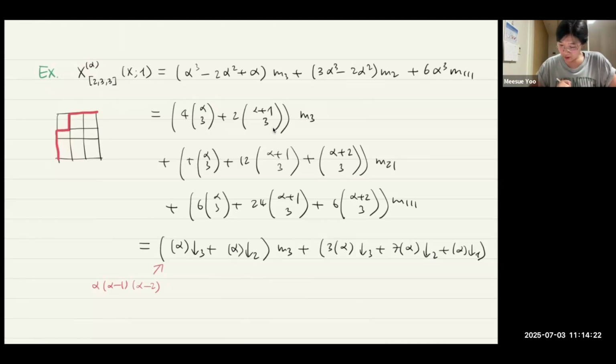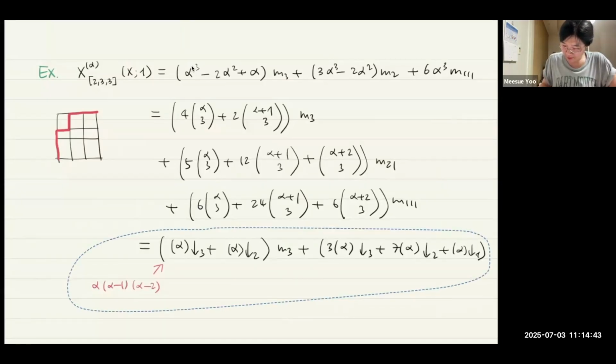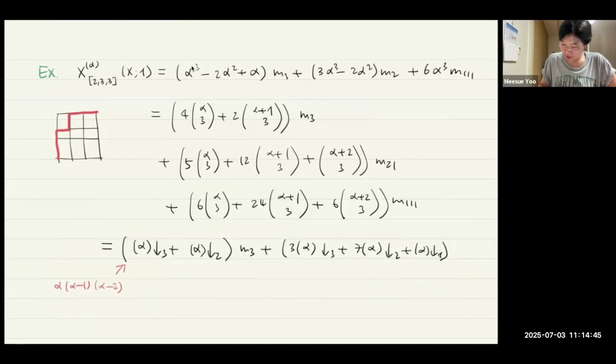Alpha choose 3. Oh, this is 5. I'm sorry. I just want to write it quickly. So this is M21.